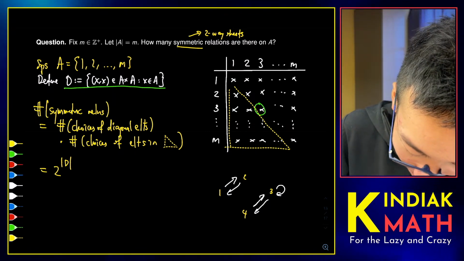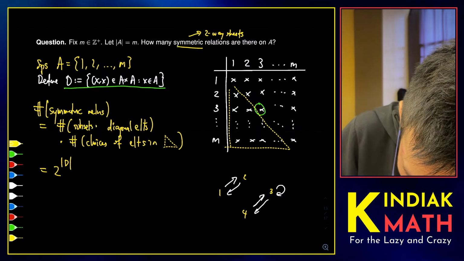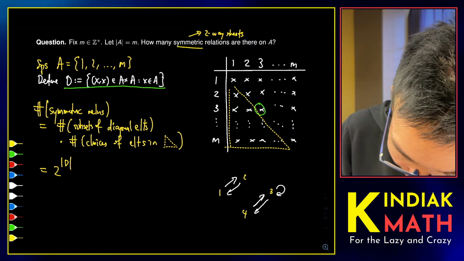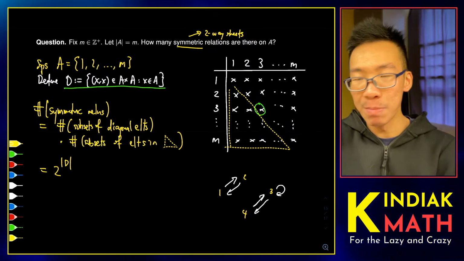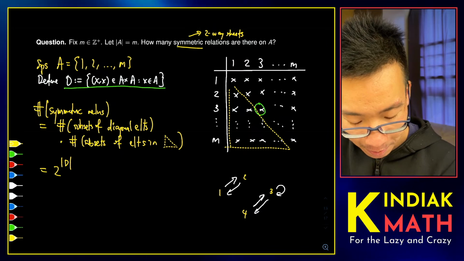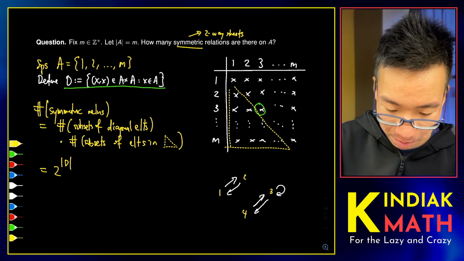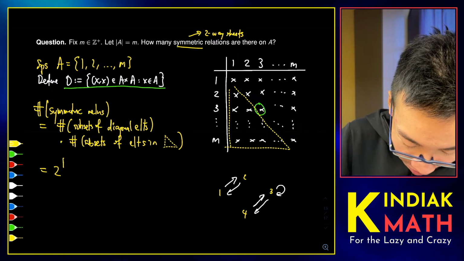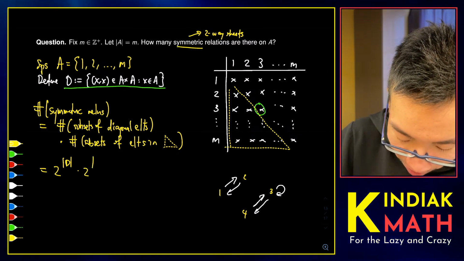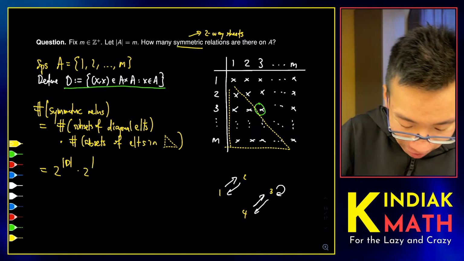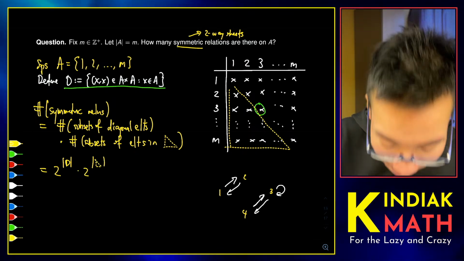So the choices are the subsets of the diagonal elements times the number of subsets of the elements in the lower triangle. And so what it gives us is 2 to the power of the cardinality of D, times 2 to the cardinality of the lower triangle, if you would. Okay, so that's the idea.